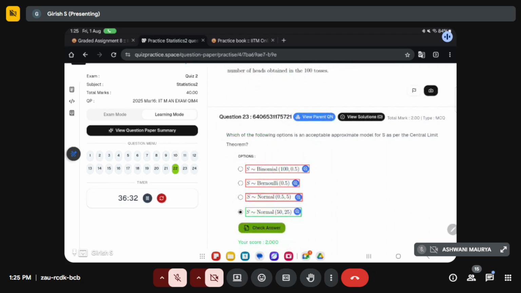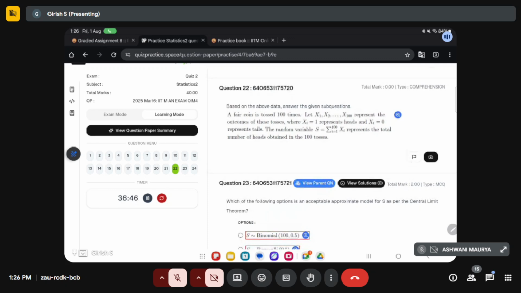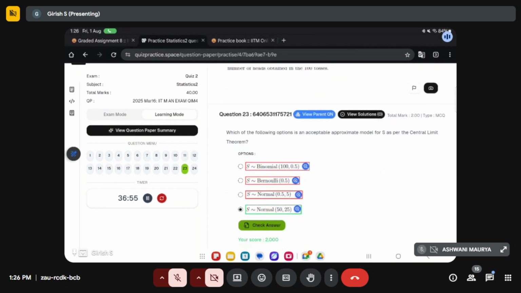When it is a normal distribution, we have tables, and from those we can easily get the probability. But if you leave it as binomial, it will be complex combinatorics, like 100 choose those values, 0.5 power something. It will be difficult to calculate. To be honest, it is exactly binomial, but we are approximating it for our calculation. And in the question, they are telling us to approximate it using the central limit theorem.